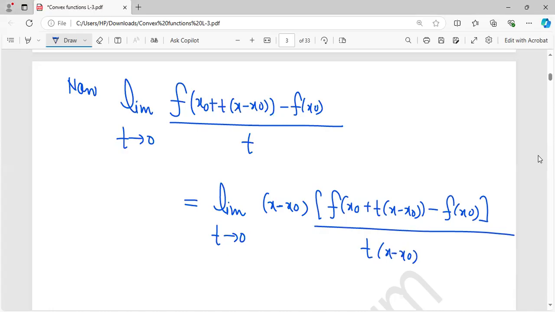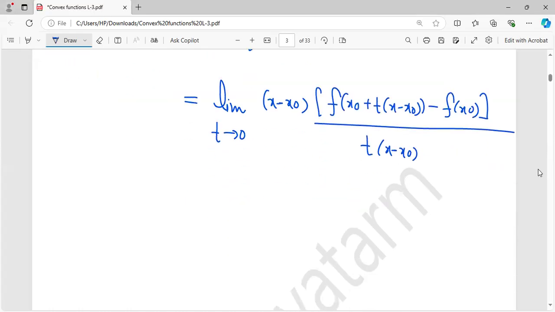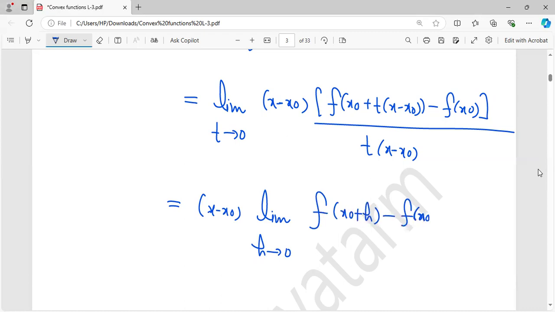We can put h in place of this. So what will this be? This will come out, and this will be limit h tending to 0, f of x naught plus h minus f x naught upon h. What is this? This is nothing but the derivative at x naught.